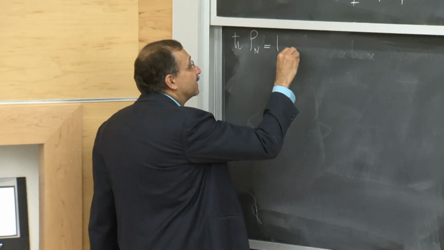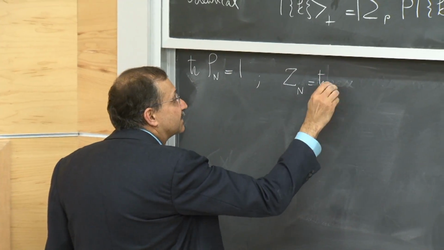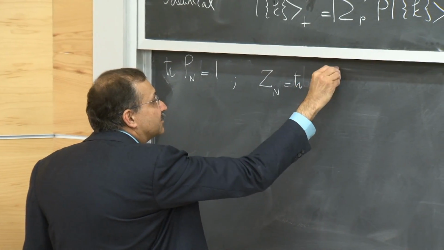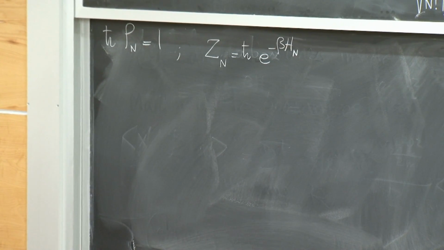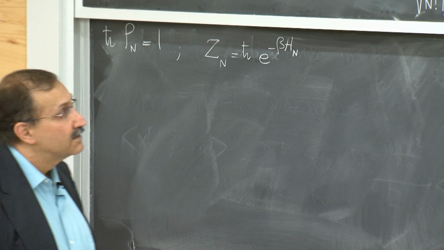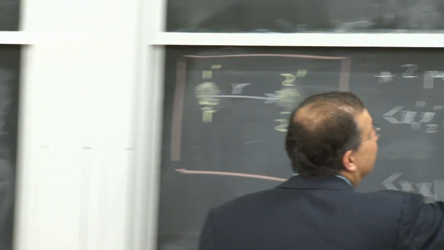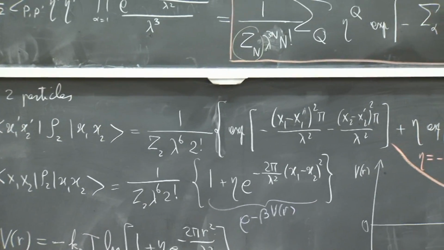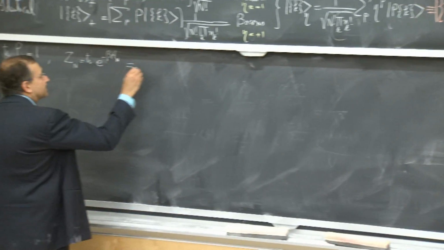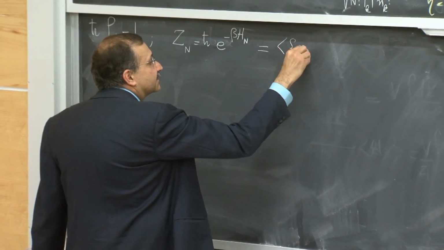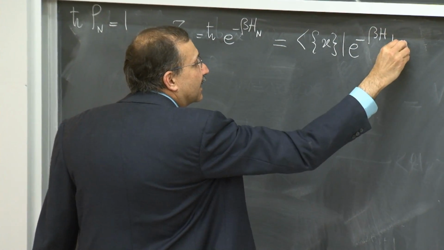So Zn is the trace of e to the minus beta H. Essentially, I can take this Zn to the other side and evaluate this as the integral of x e to the minus beta H x.